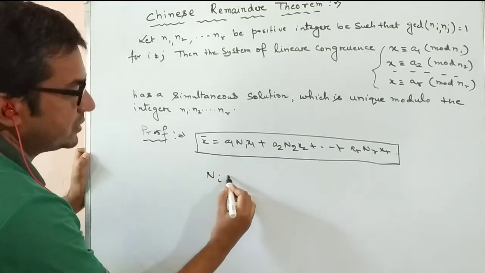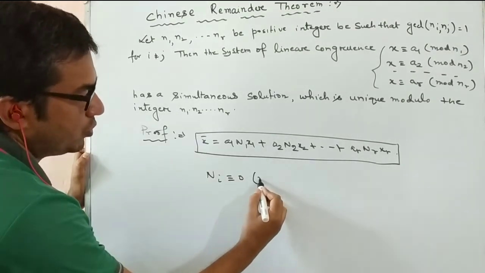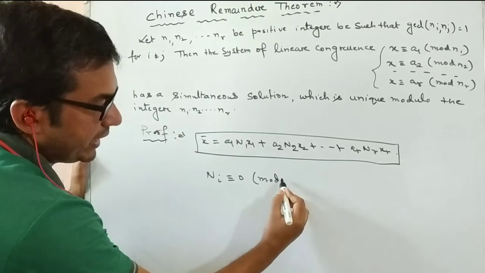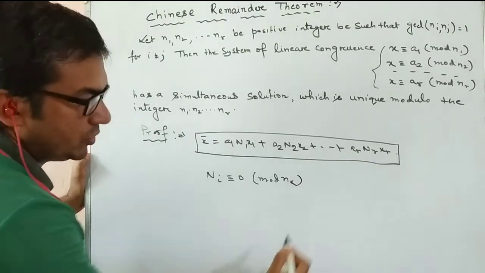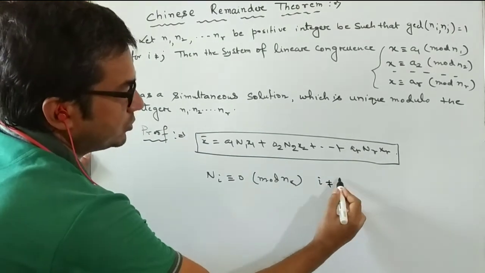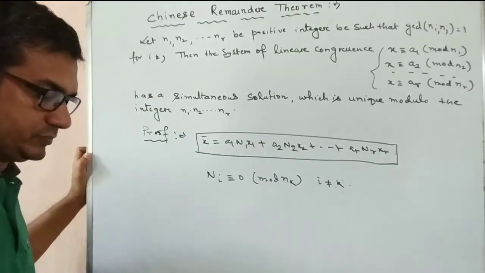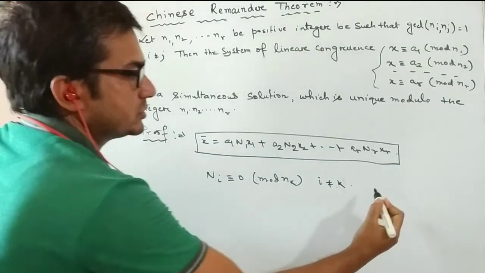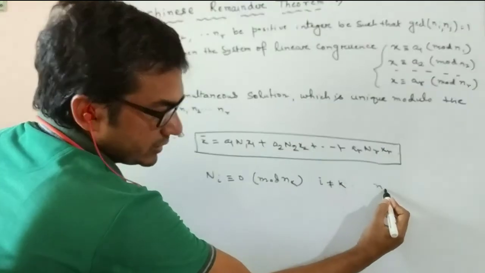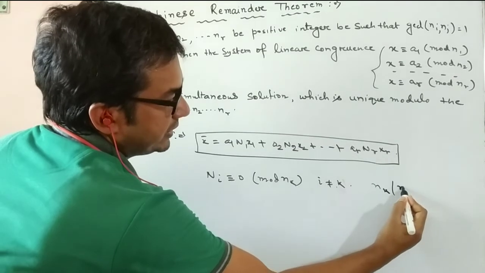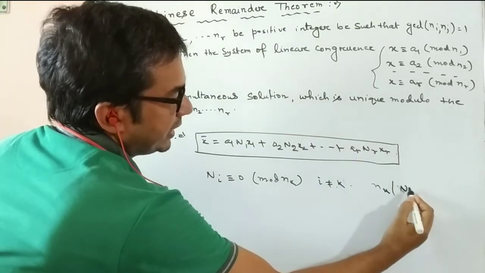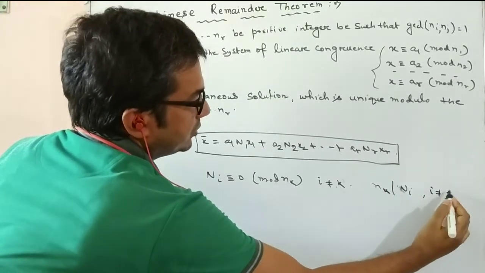We have N_i congruent to 0 mod n_k for i not equal to k, because n_k divides capital N_i, i not equal to k.